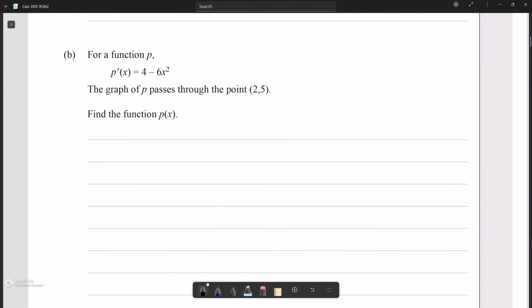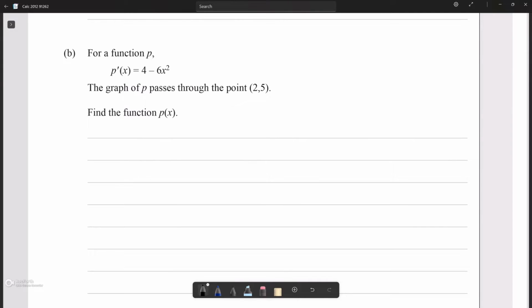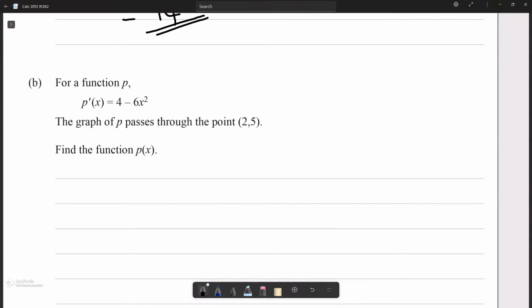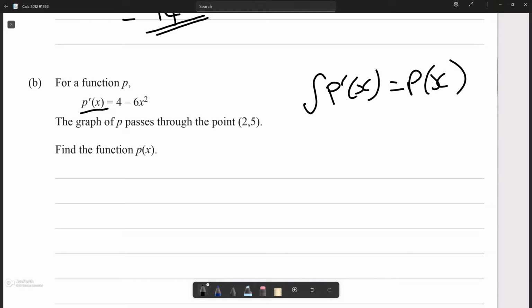And the next part, for function p, p dash of x. So find the function. Okay, so we're given a differentiated function, so we need to integrate it to get p of x. So the integral of p dash of x will be p of x.